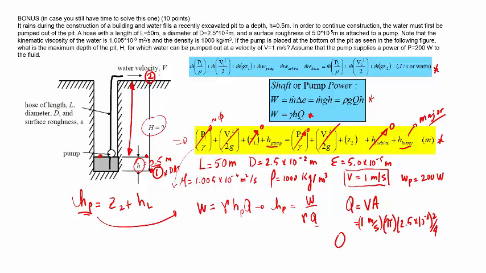So my Q is 0.0005 meters per second. Okay, so then I'm going to have that H for the pump. It's 200 watts.